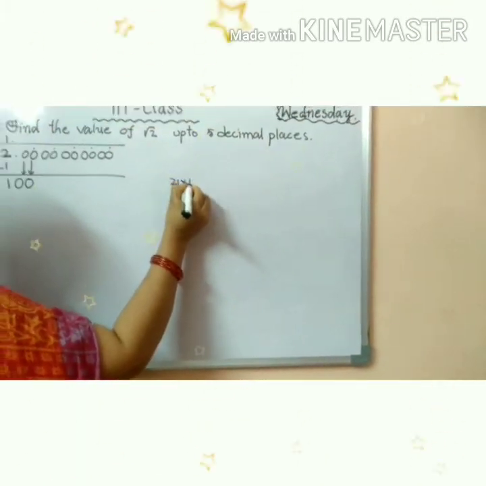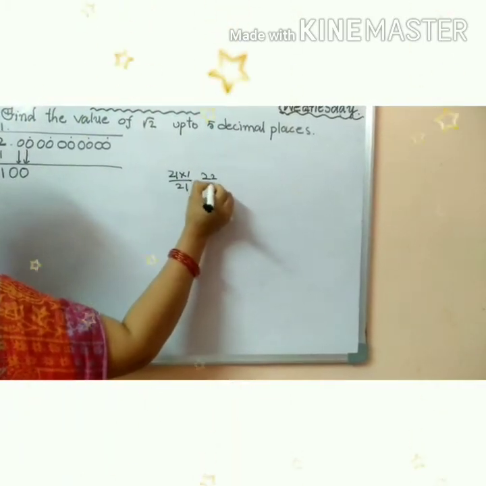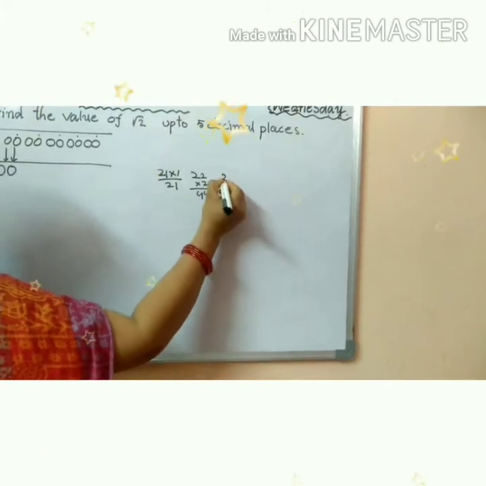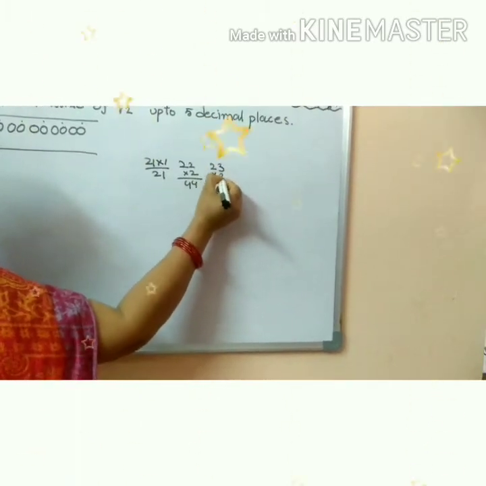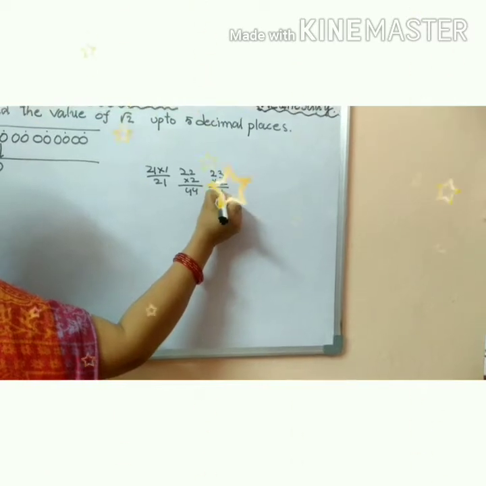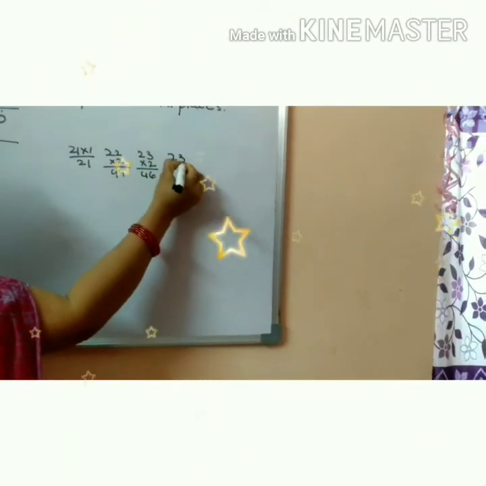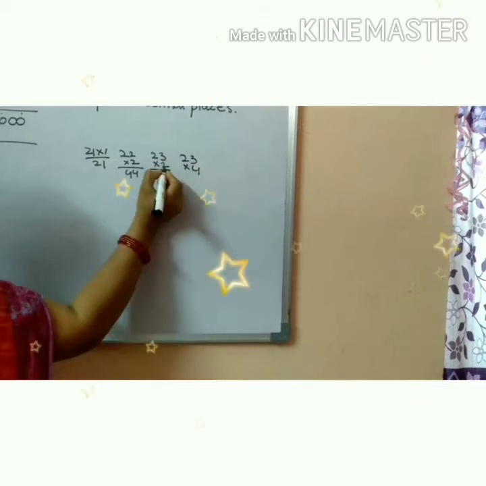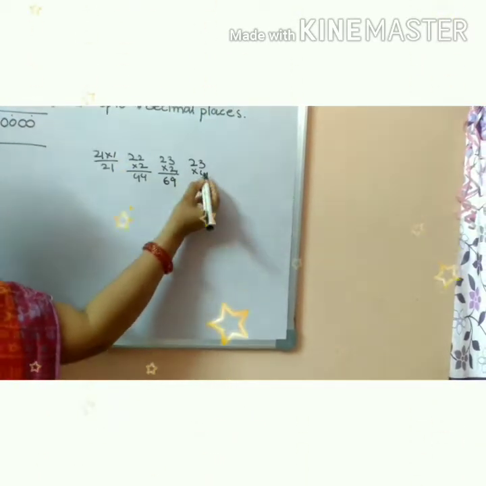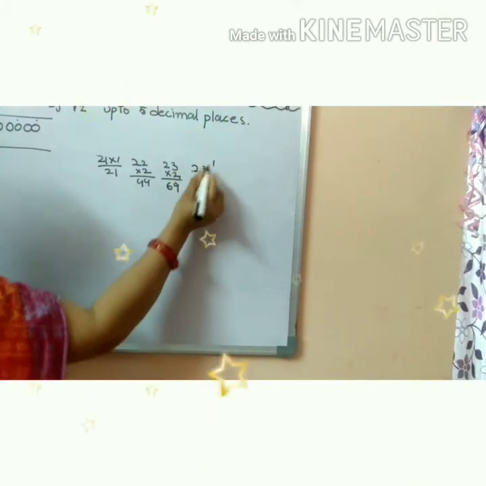So here, list: 21 into 1 means 21. 22 into 2 means 44. Next 23 into 3 is 69. 23 into 4 is 92... so here 3 4s are 12, 4 2s are 8 plus 1.